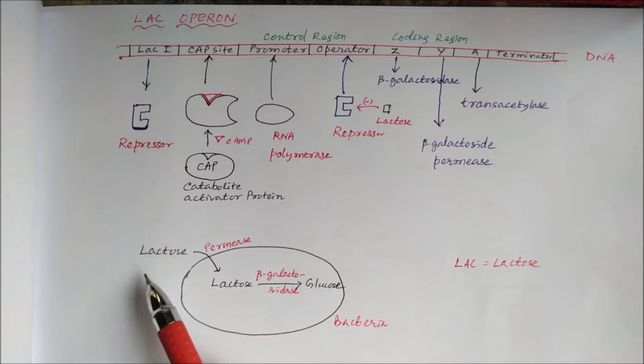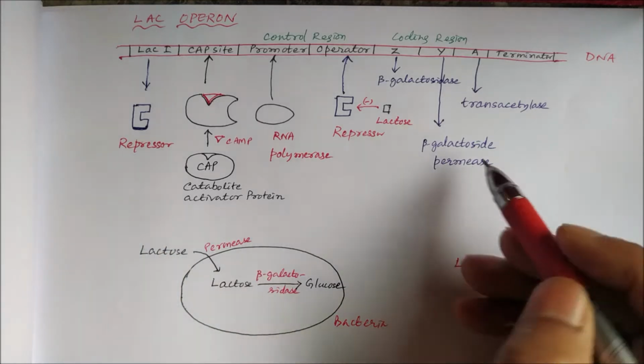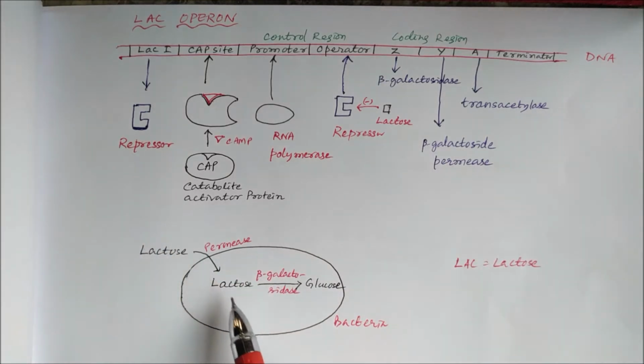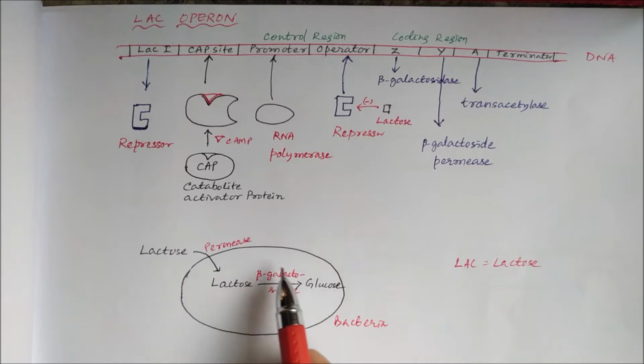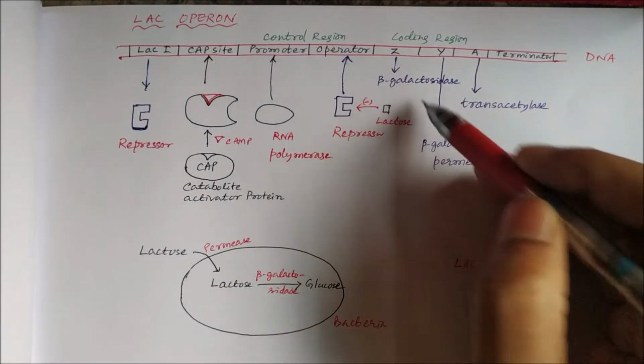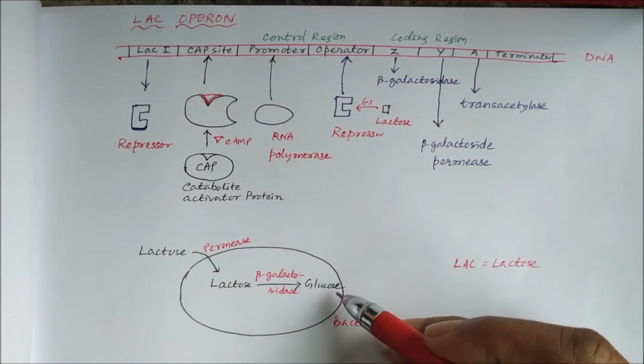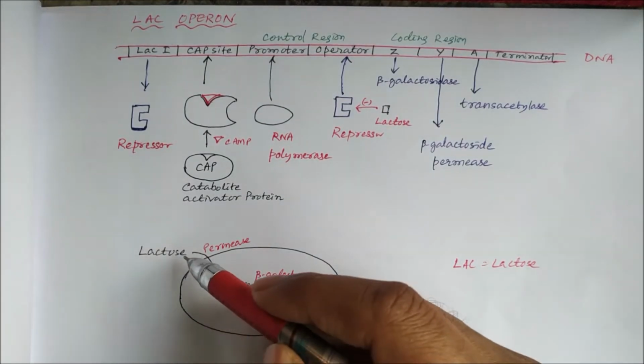Lactose is a beta galactoside, so the enzyme is beta galactoside permease. Then lactose is degraded to glucose and galactose by the enzyme beta galactosidase. So these two enzymes are required for the production of glucose from lactose.